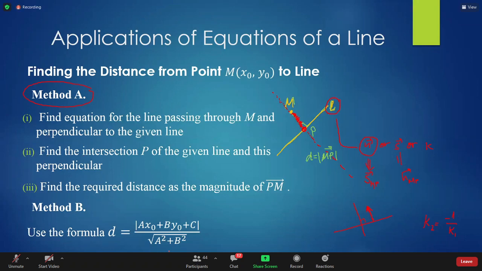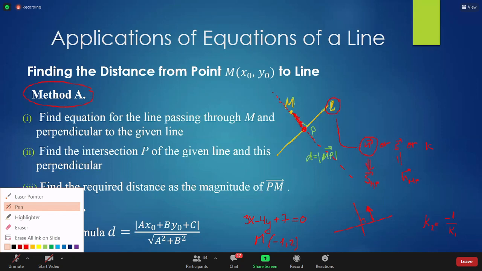In other words, if I have, for example, a line 3x minus 4y plus 7 equals 0, and a point, for instance with coordinates -1 and 2, I can find the distance from this formula.